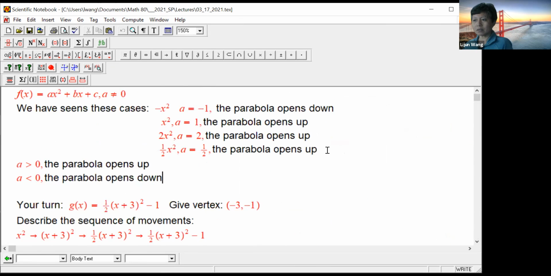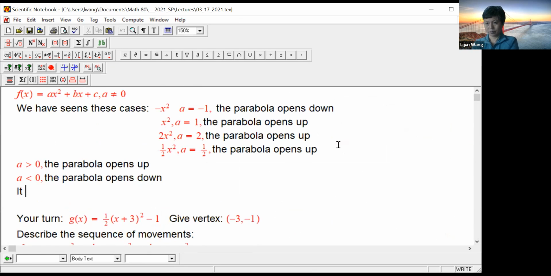So it seems that every parabola has a very special feature.